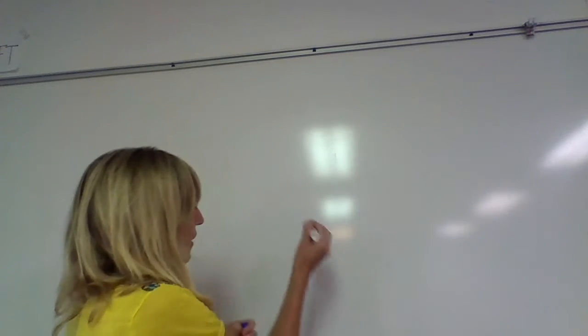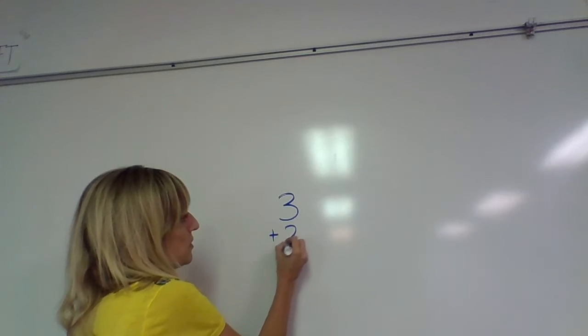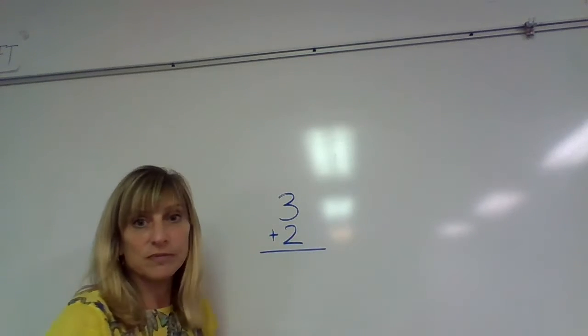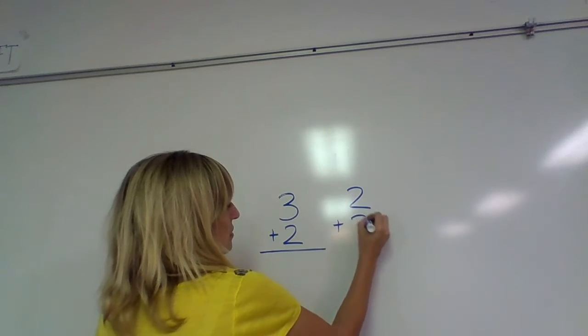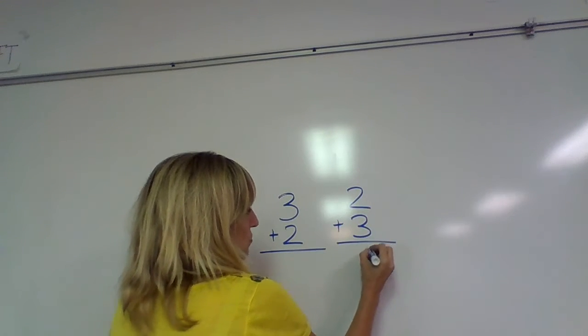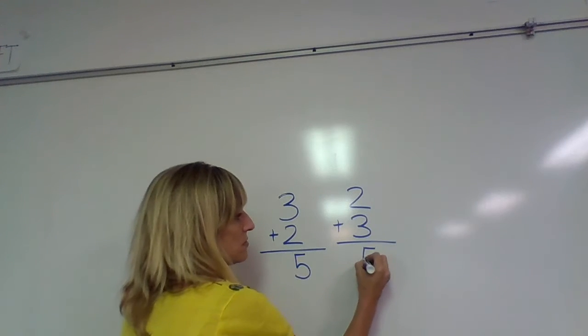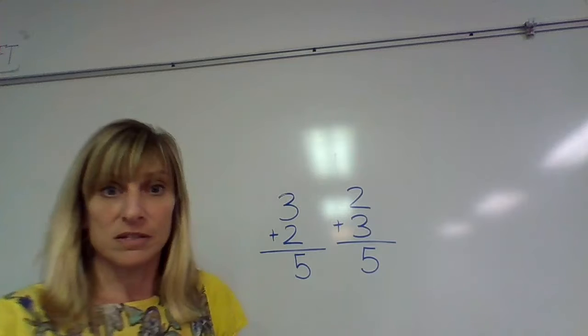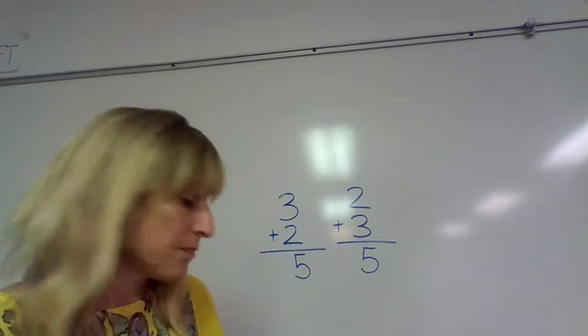Remember, addition twins are if you have, for example, 3 plus 2. That is exactly the same as 2 plus 3. You get the same answer both ways. And we're going to do that with multiplication today.